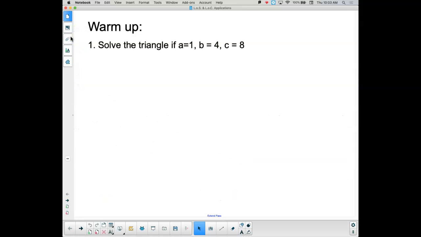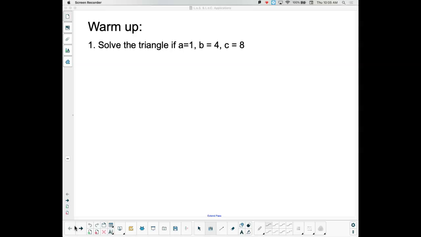So, starting out today, let's warm up with this particular problem. Do we get an answer? Why not?